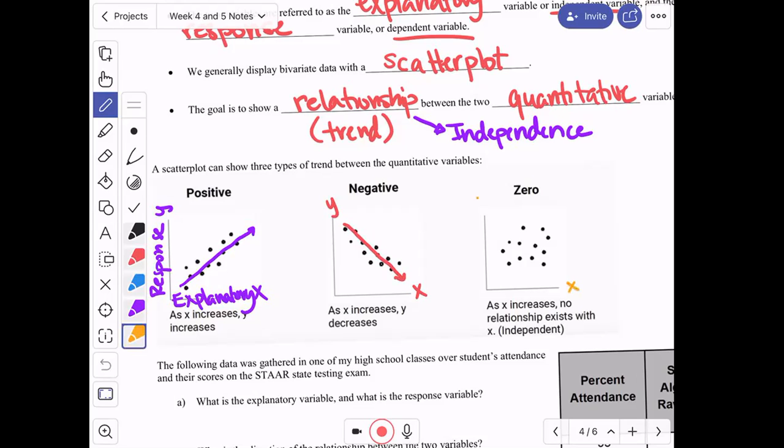In that case, we say that the two variables are independent of each other. So if it's a positive or negative correlation, the variables depend on each other. But if it's zero correlation, we say that they don't depend on each other.